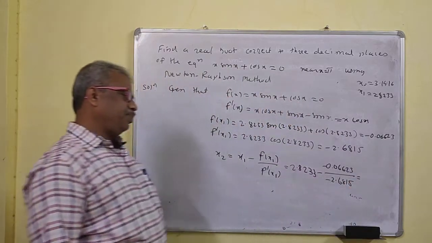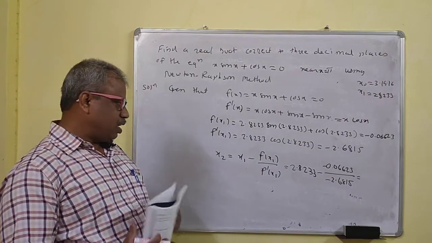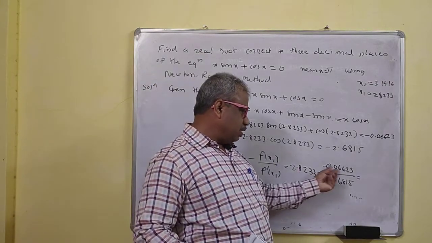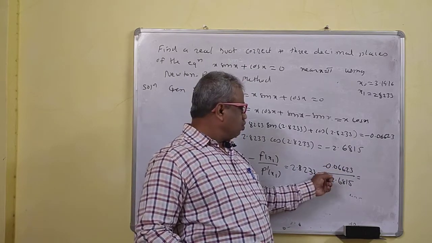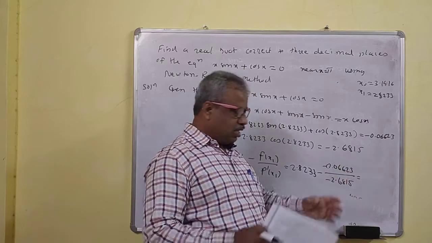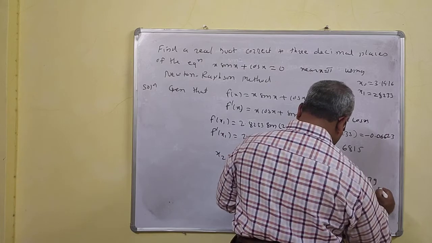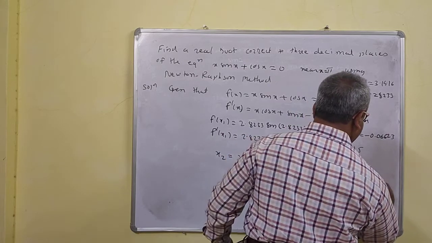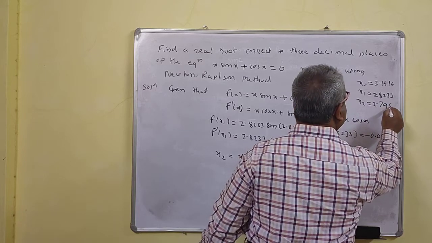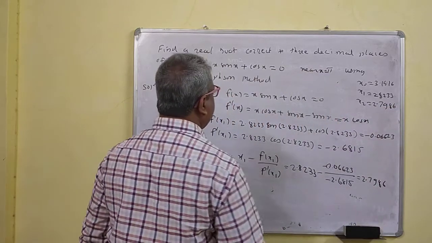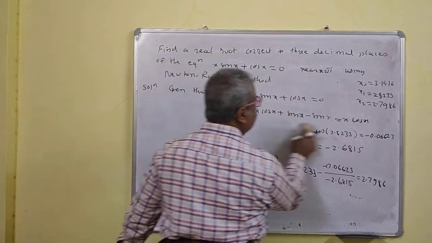So this minus becomes plus, and the middle one stays minus. Don't type the minus incorrectly on the calculator. Divide this by this and press equal to, and you will get 2.7986. So your x2 is 2.7986.